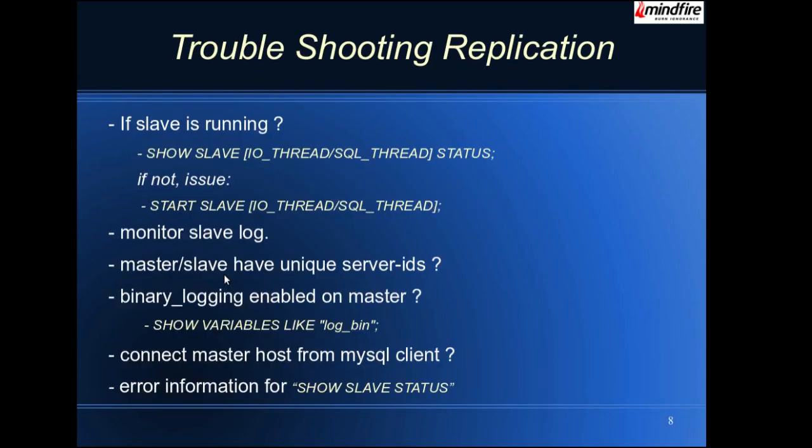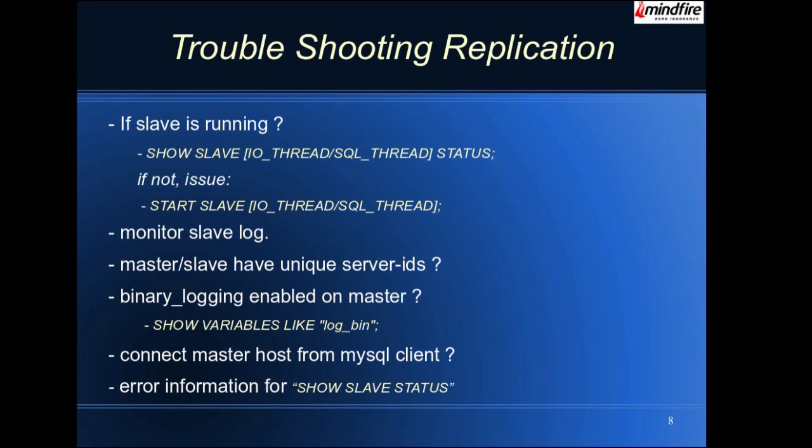Now, while setting up replication, we may face some troubles. So how can we troubleshoot replication? First of all, we need to see if the master has the binary log enabled, because that's the core of it. The whole replication process just runs on the binary log.